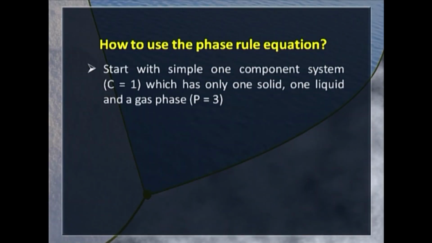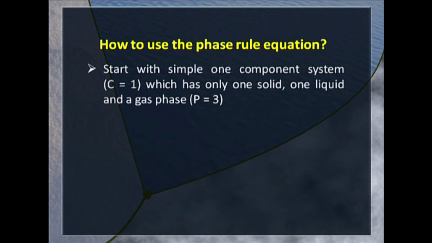To get an idea of how the phase rule equation can be applied to interpret a phase diagram, the starting point would be a very simple system like a one component system in which we have only one solid, one liquid and a gas phase.